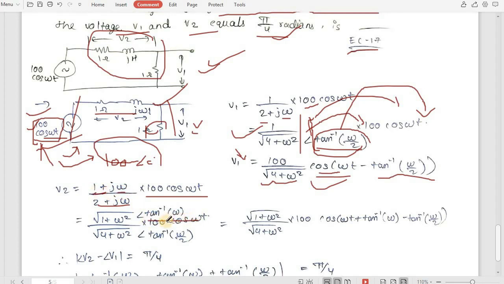So it will be tan inverse of omega, and for the denominator it will be under root of 4 plus omega square, with angle tan inverse of omega by 2. Now if we take this angle into the numerator, it will be minus tan inverse of omega by 2. If we add both these terms into omega t, it will be the magnitude into 100 cos omega t plus tan inverse of omega minus tan inverse of omega by 2. So here you can see this is our V2, and this is our V1.